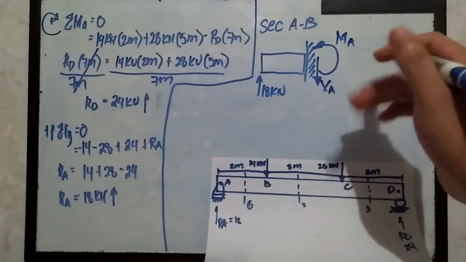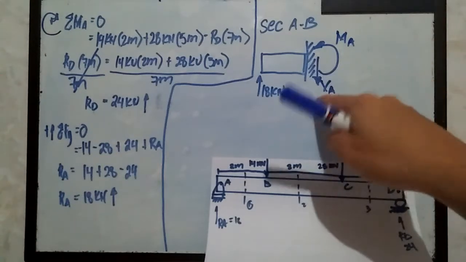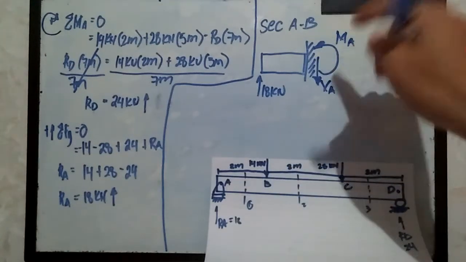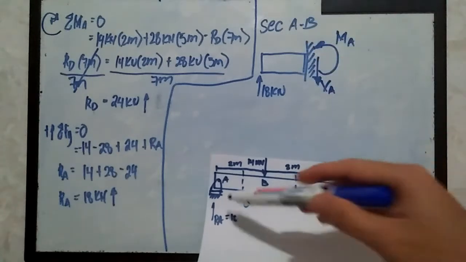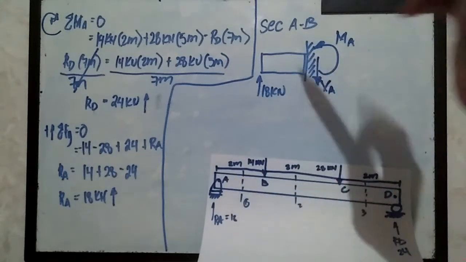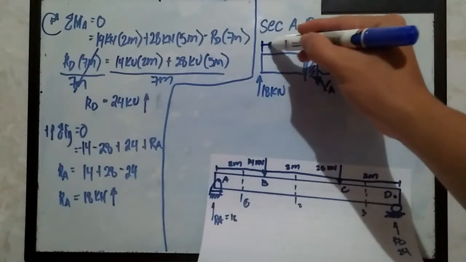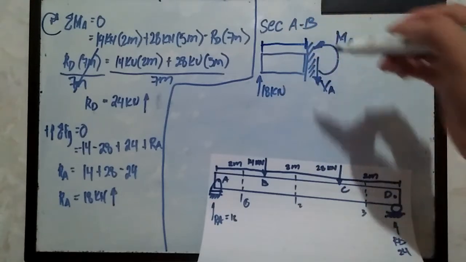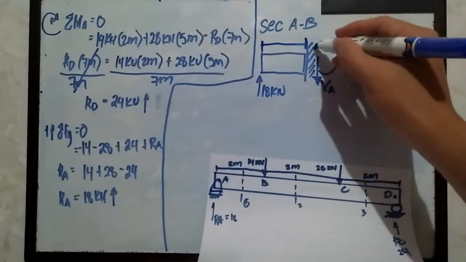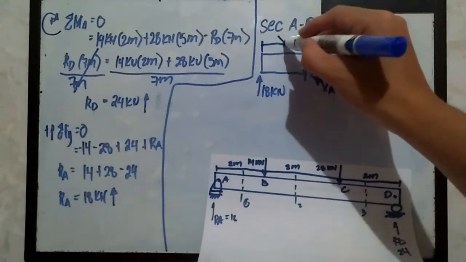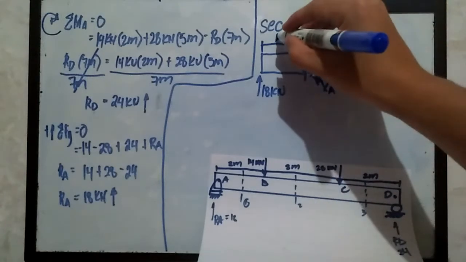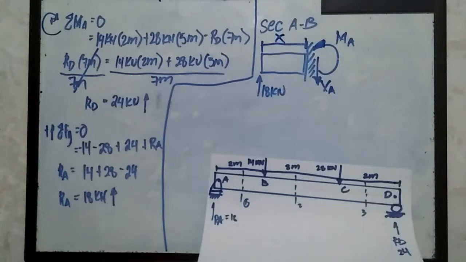From here on, we need to solve for V sub A and M sub A. And since we don't know the exact distance from point A all the way to the point where we cut section A-B, let's assign this as distance x.